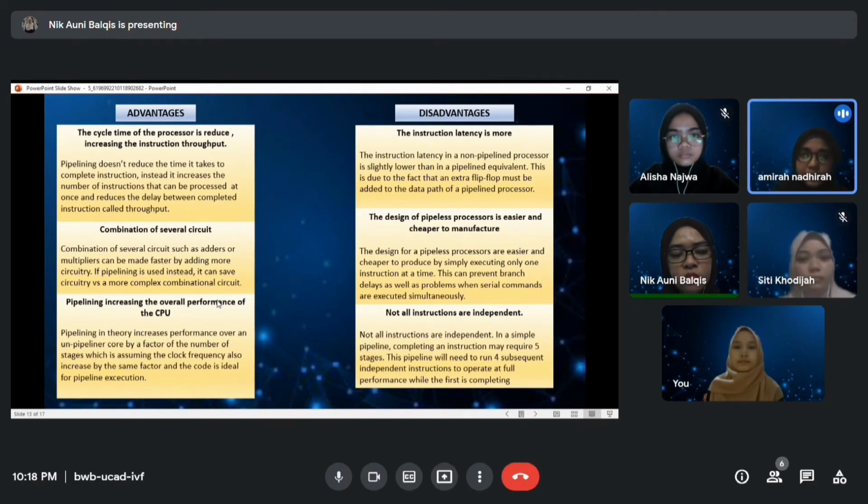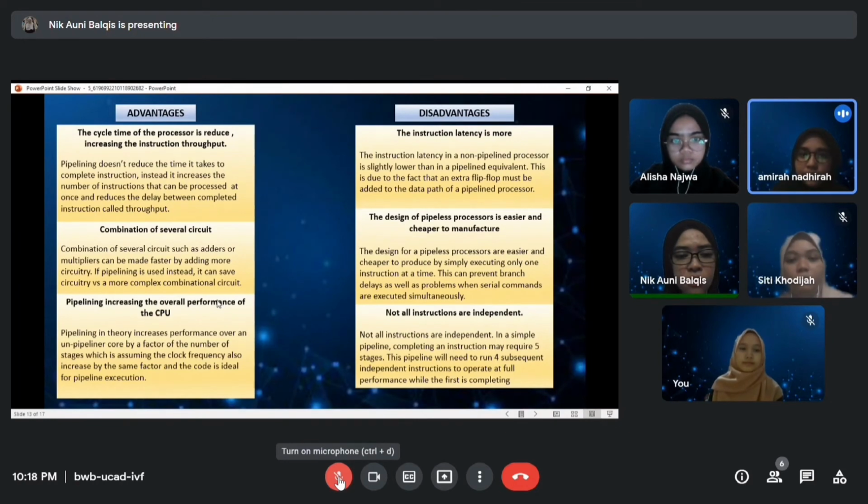Second, combination of several circuits such as adders or multipliers can be made faster by adding more circuitry. Third, pipelining increases the overall performance of the CPU. Pipelining in theory increases performance over an un-pipelined core by a factor of the number of stages.